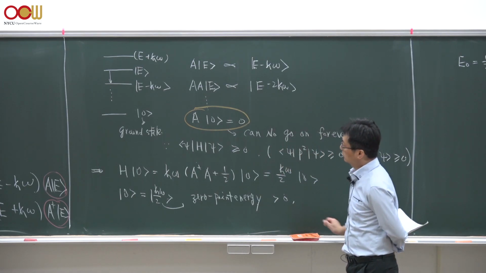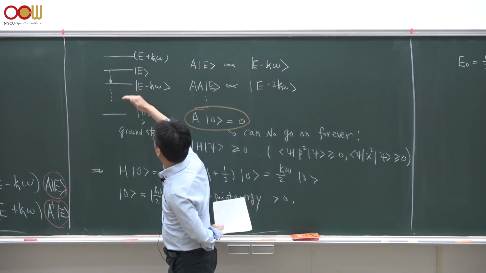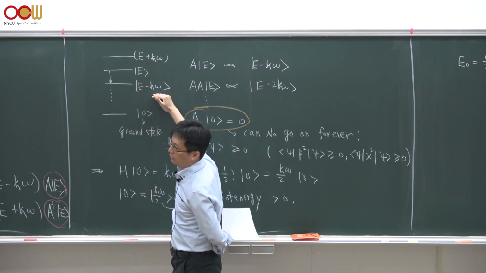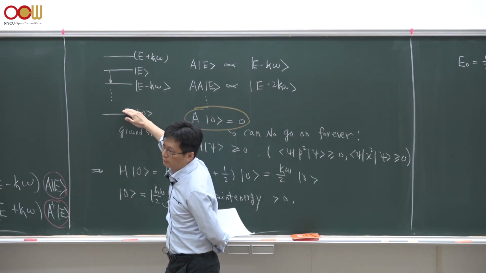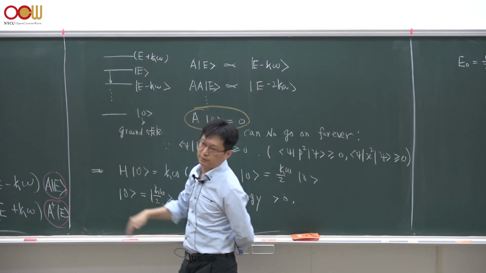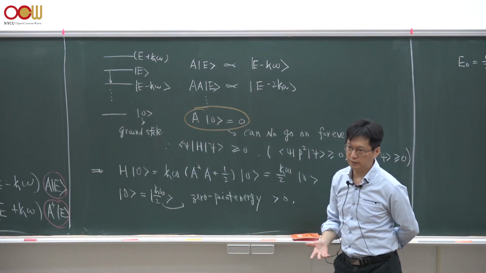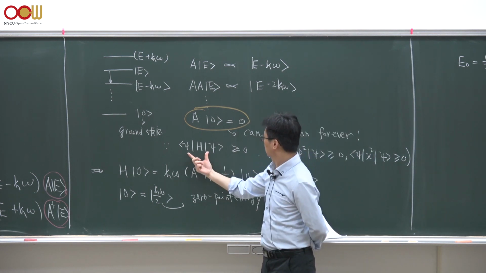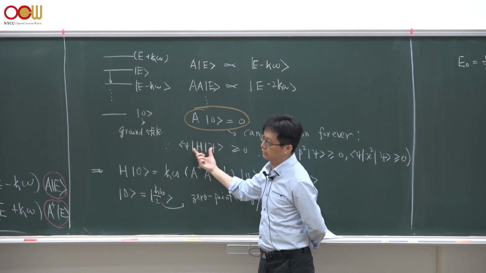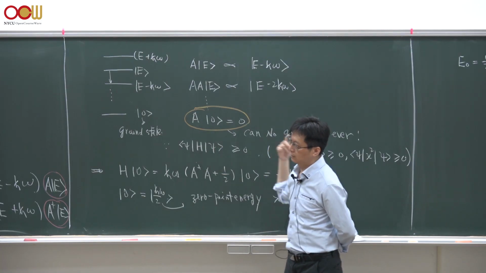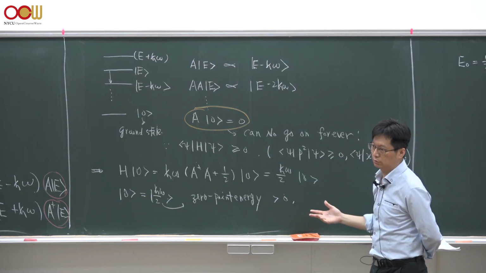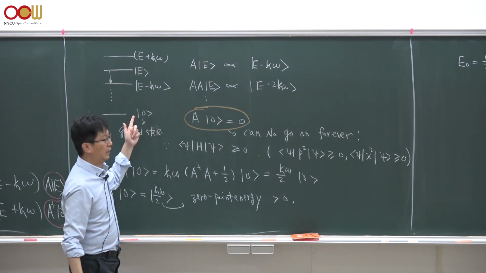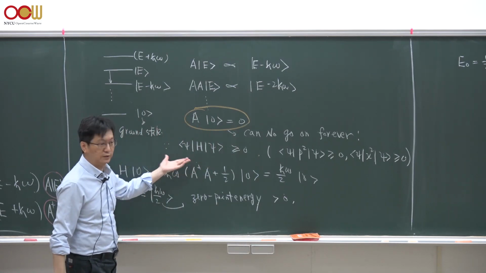As a result, if you decrease your eigenstate by integral multiples of h bar omega, sooner or later your eigenvalue may become negative. But this is not correct, because the expectation value of the Hamiltonian is always greater than or equal to 0.